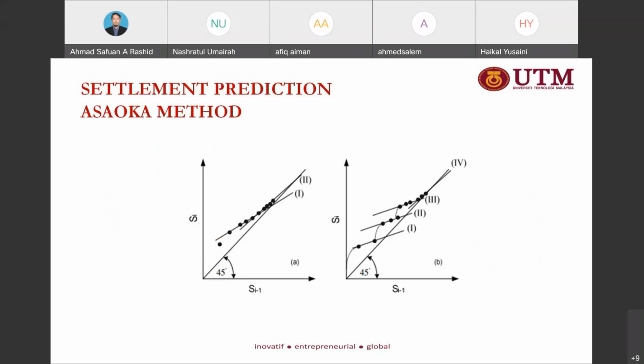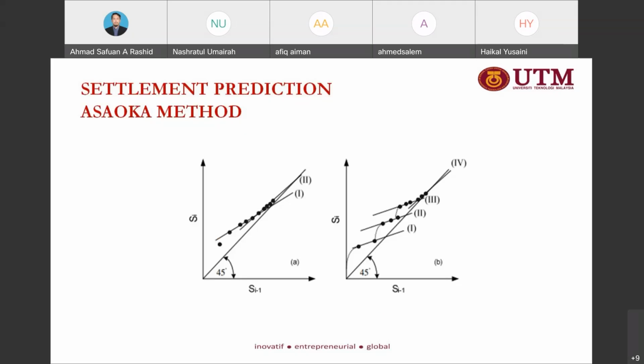So this is another method where they use the ASOCA method. Actually, you may learn it as a postgraduate student. I'm not sure which subject, but you may learn the ASOCA method during your master program.